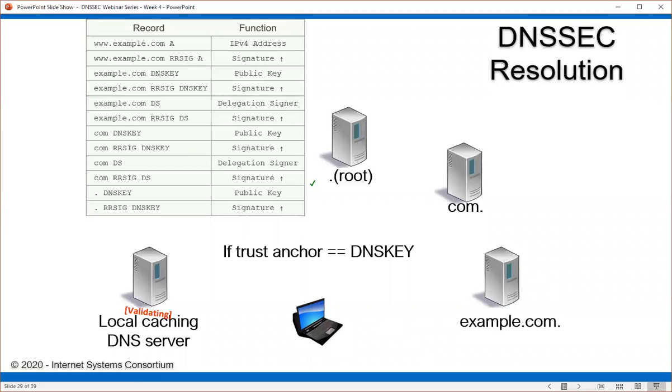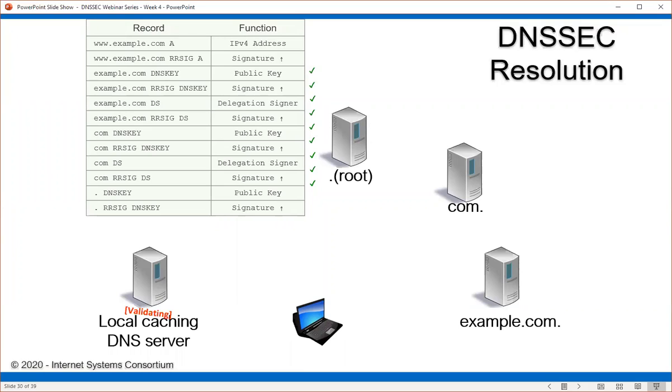We're able to look at the signature of the COM zone, or of the DS record, and see that the delegation signer record for COM was good, which is going to prove to us that the DNS keys in COM were good, which is going to prove to us that the signatures on the DS records in example.com were good, which are going to prove to us that the signatures on the DNS key were good.